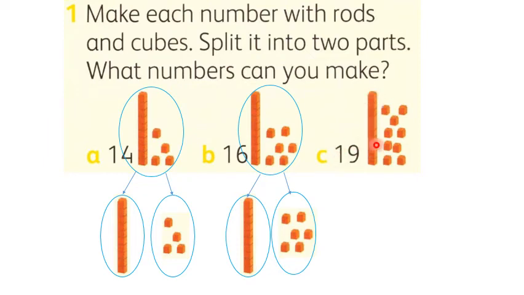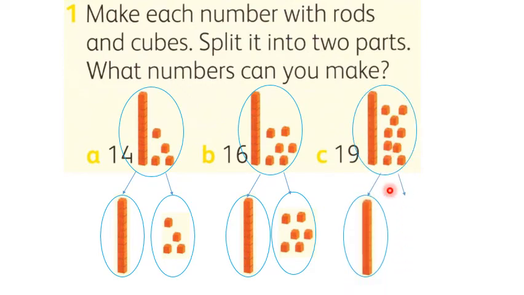So we have a 10 rod, 11, 12, 13, 14, 15, 16, 17, 18, 19. And we can split this into tens, put our 10 rod here, and ones with our 9 that go here. So 10 and 9.